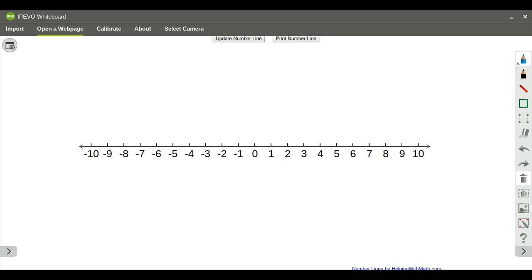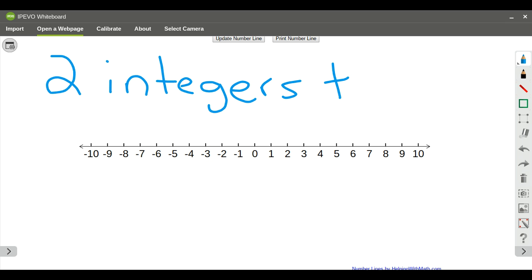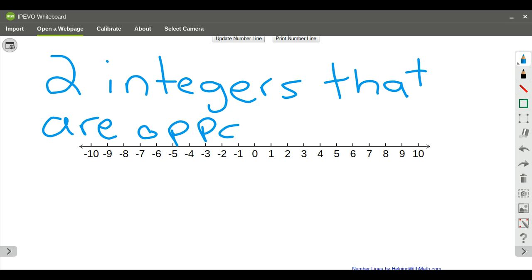All right. Heading to your guided practice. Number 1 says, what do you know about two different integers that are opposite? Well, two integers that are opposite of each other are located the same distance apart from 0.